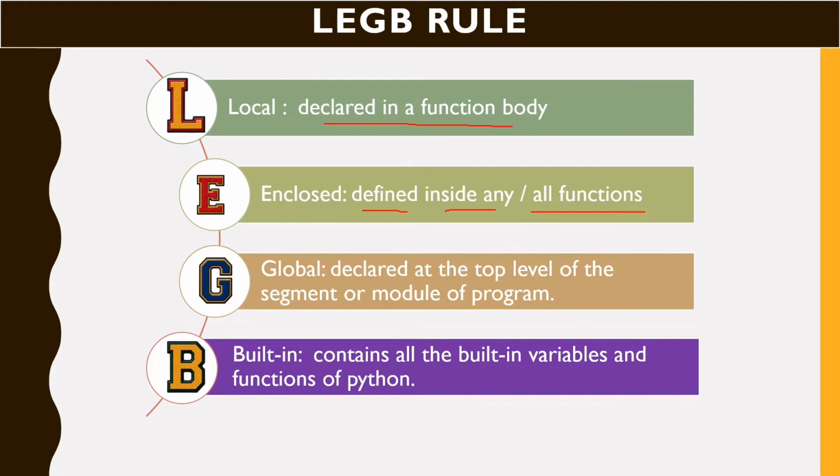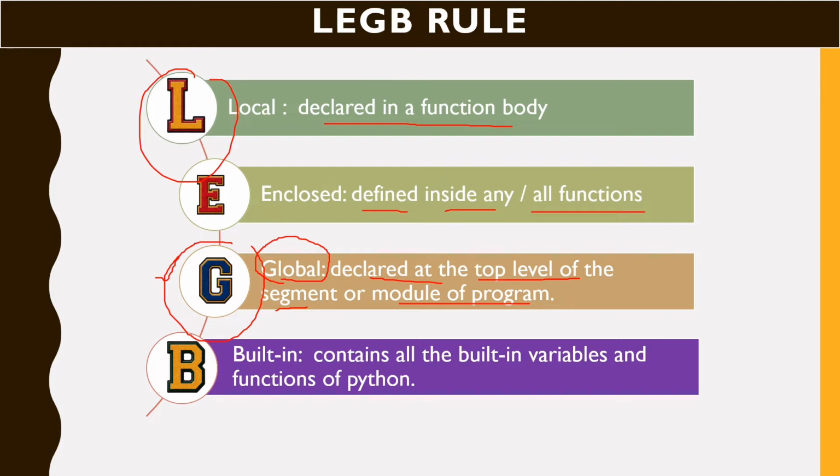Next is G, which we already know, global. They are declared at the top level of the module of the program. We understood this very well in the previous video with practical examples also.